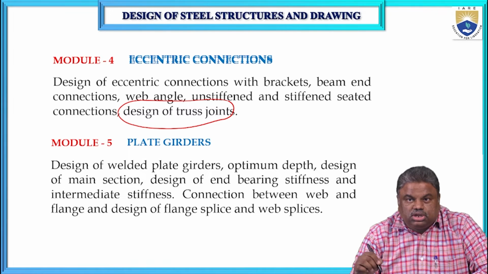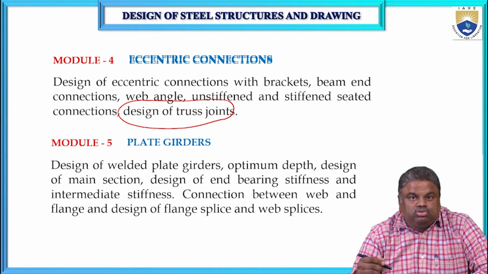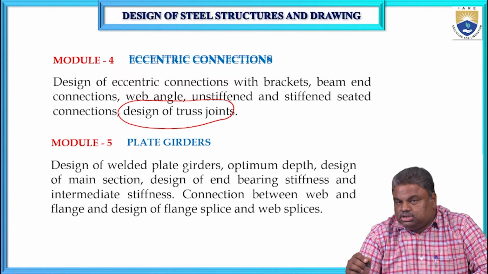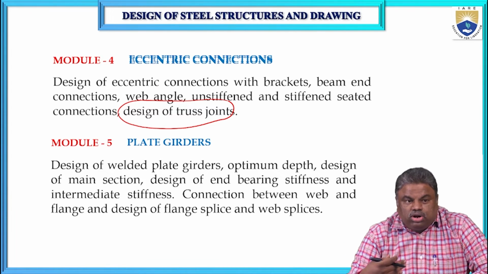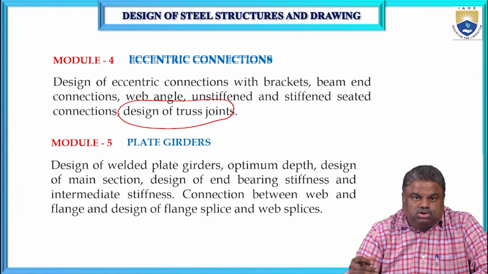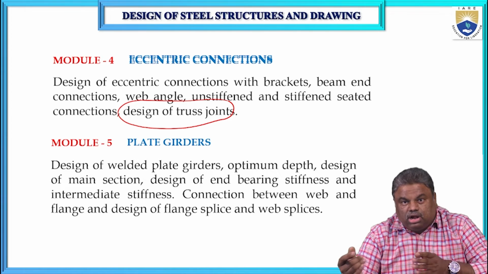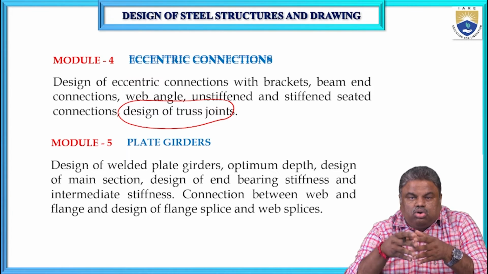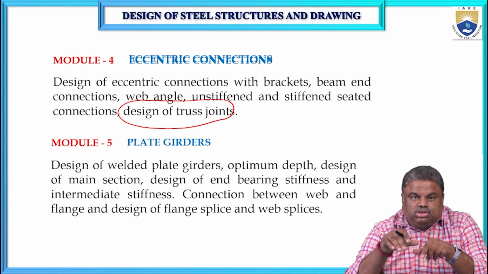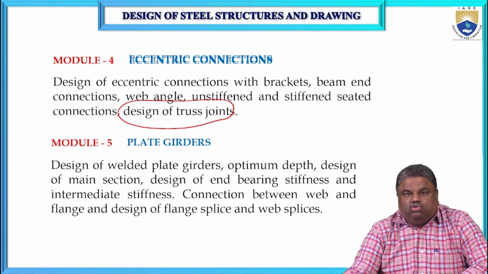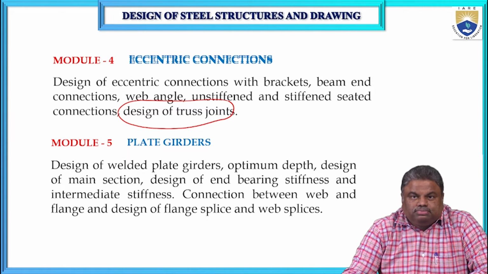So how to design those joints in trusses? One member will be subjected to compressive force and the other member will be subjected to tensile force. So how to connect those two members in a single joint, that we are going to see in module 4 and module 5.